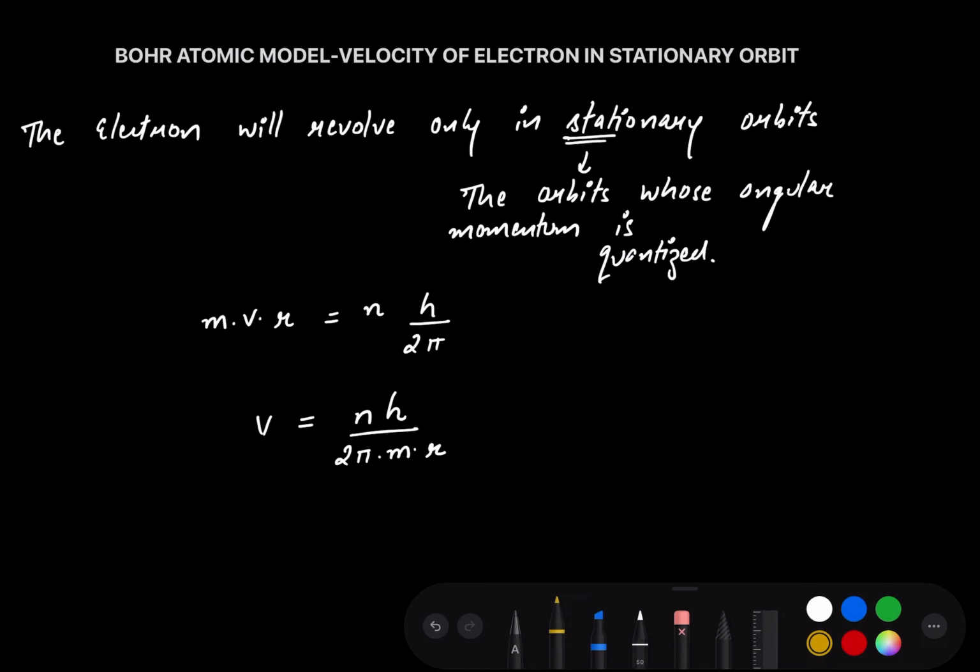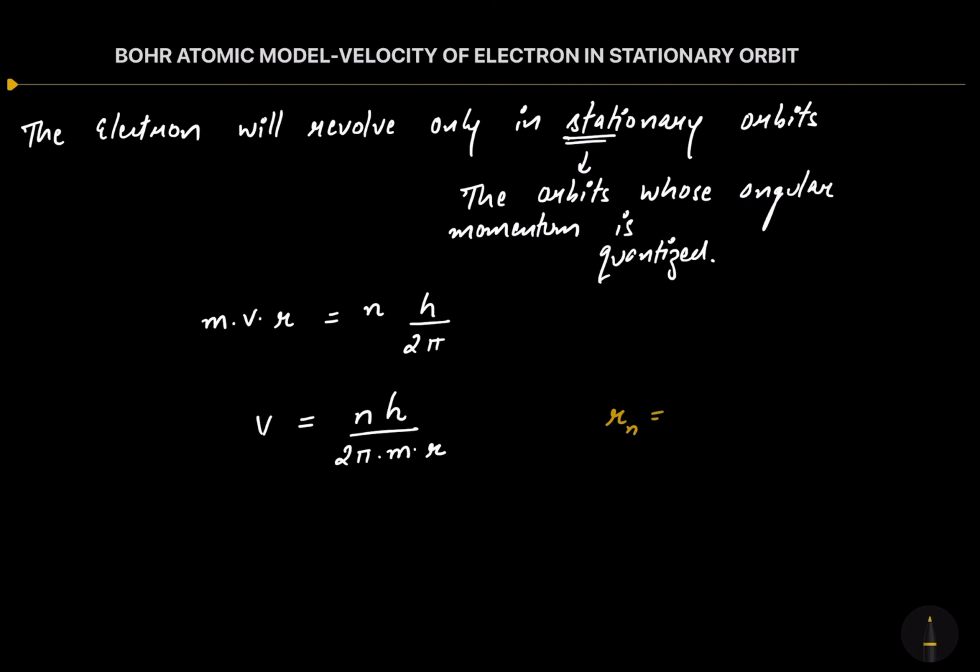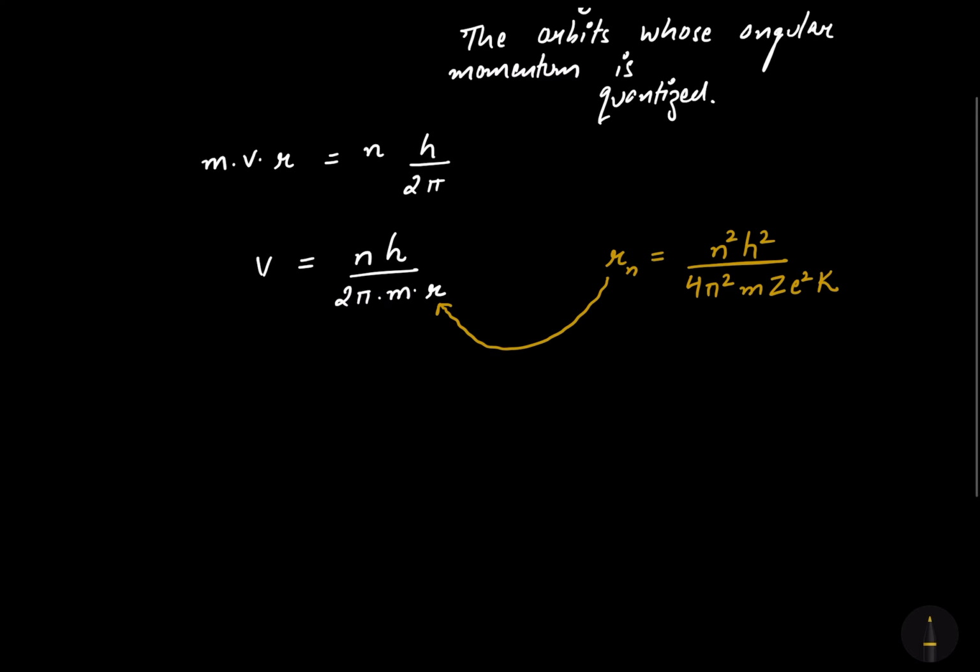The formula for radius of nth orbit is n square h square upon 4 pi square m z e square k. We have to put the value of this radius over here.